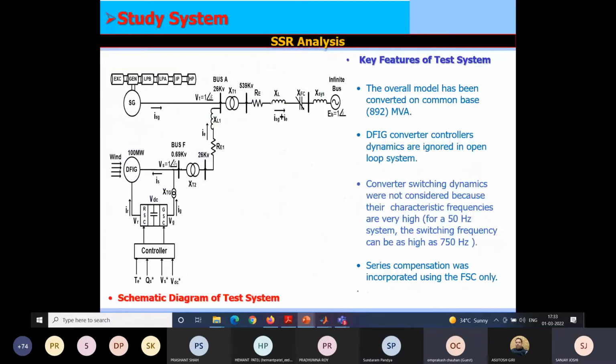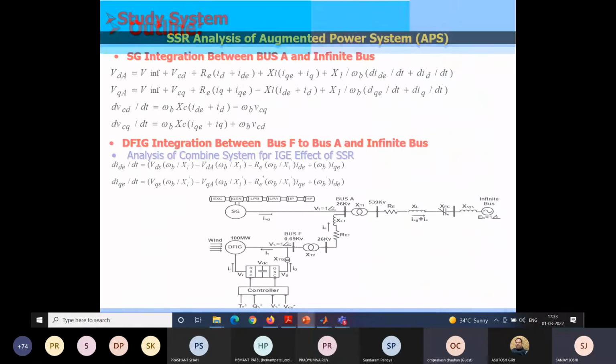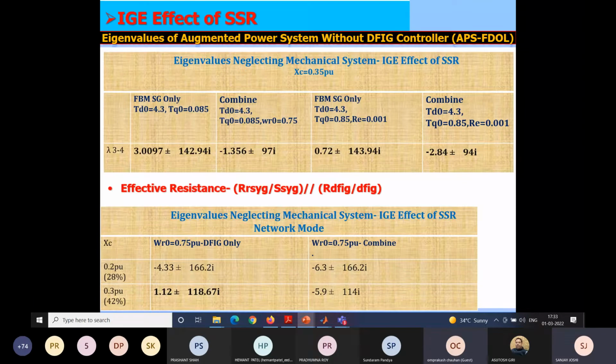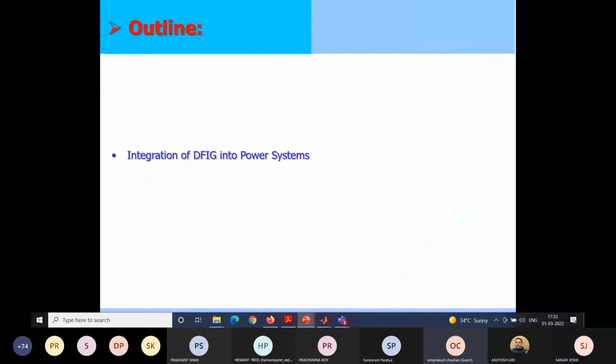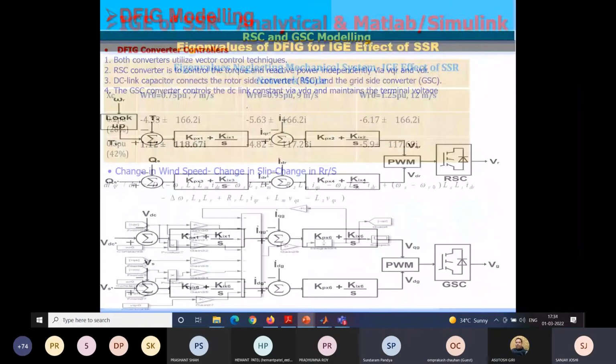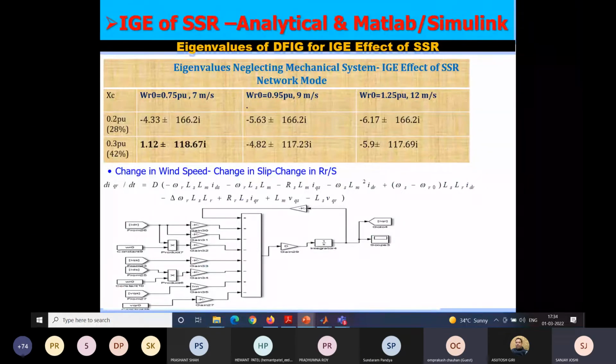My intention is to show you that with the penetration of DFIG into the existing system, we can have stable SSR modes. That is my main purpose to convey. The work which I have presented is from one of my PhD students, so I know very well it is not FBM.